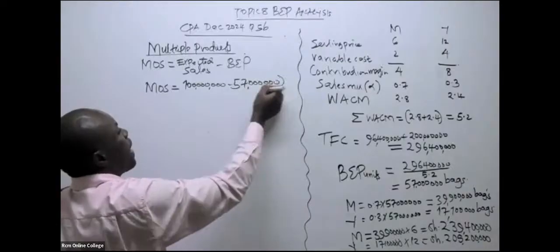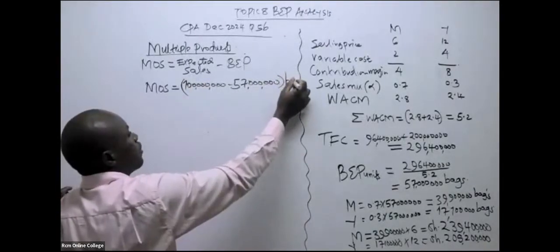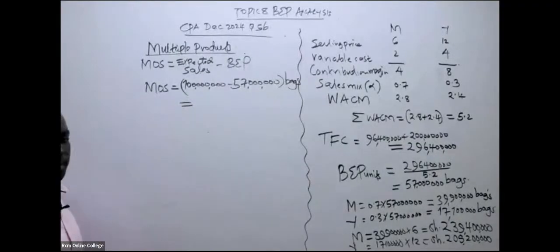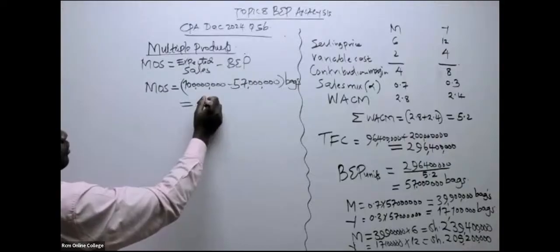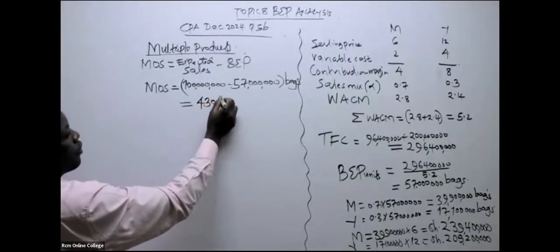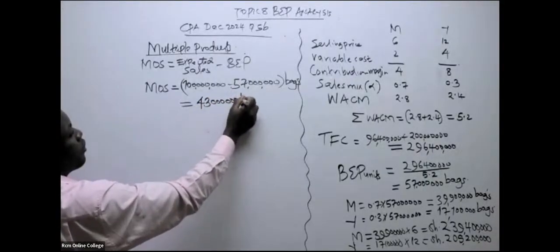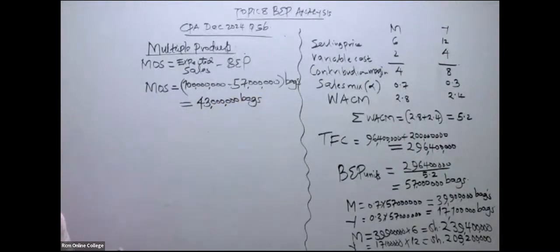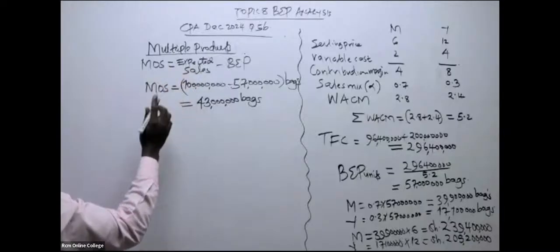Remember, these are bags. Good. So what is our margin of safety in units? 43 million bags. Good.